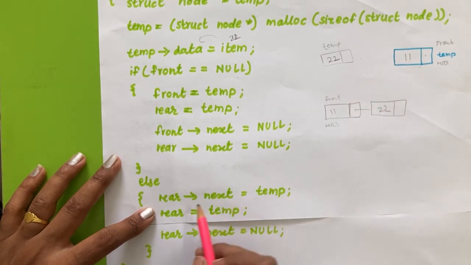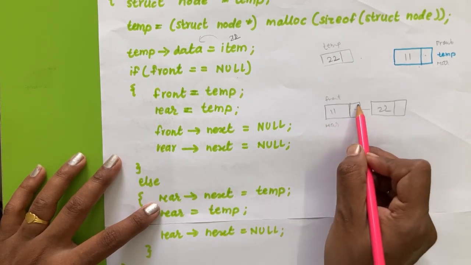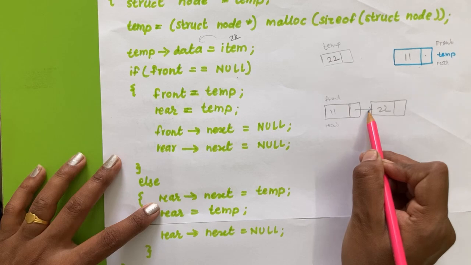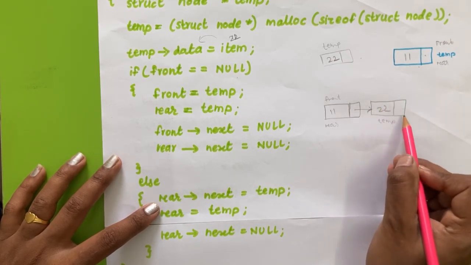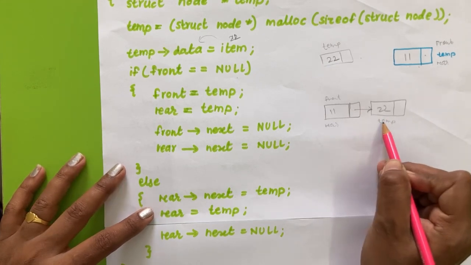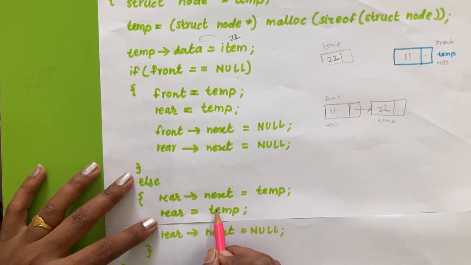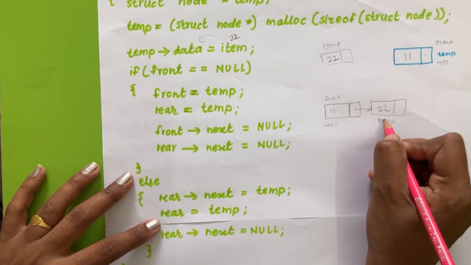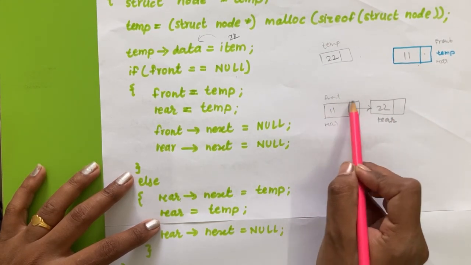Now we have to update this temporary node as the rear node because this will be the new rear. So I'll assign this temporary node to rear, so rear will get updated but front will remain the same, that is the first node.